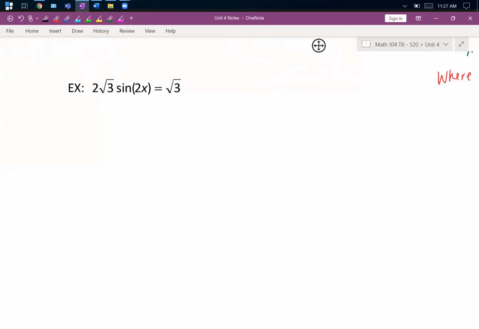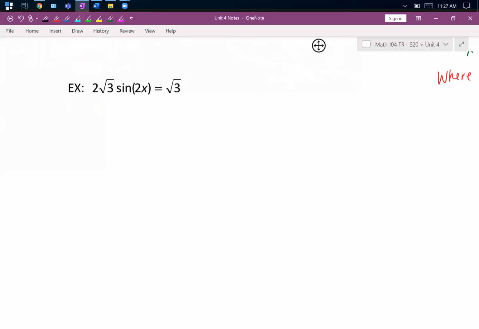So would you bring the 2 square root 3 to the other side and then do the double angle just on that sine 2x, or would you do it on the whole thing? Okay. All right. So give me 1 second, Jordan.